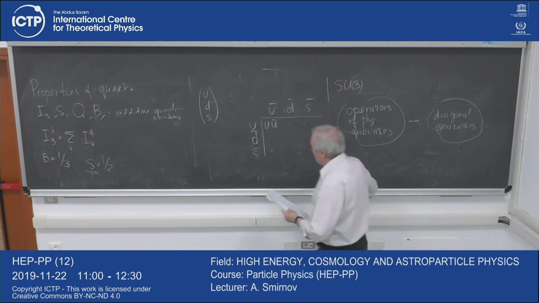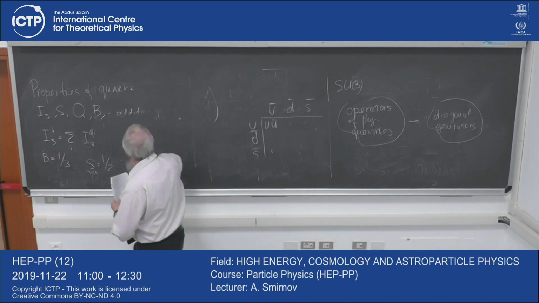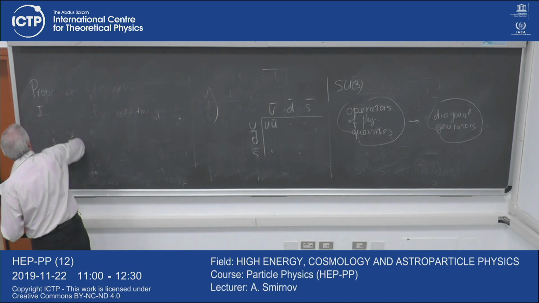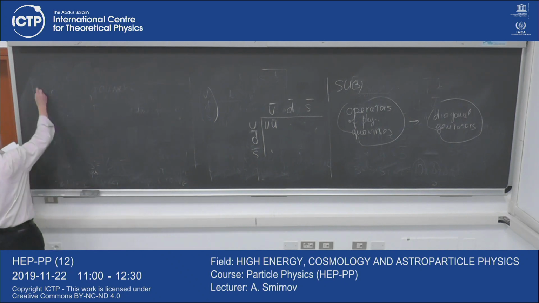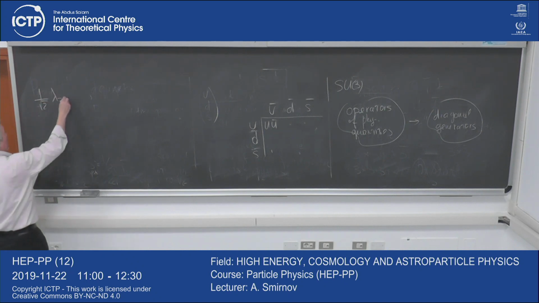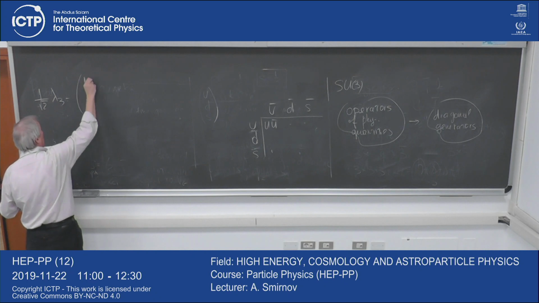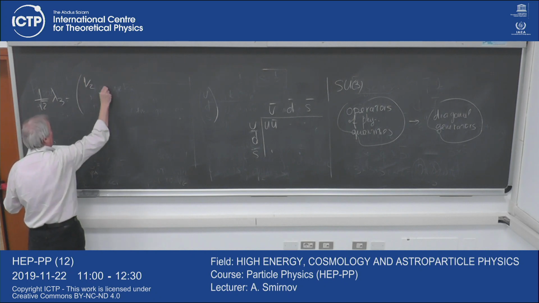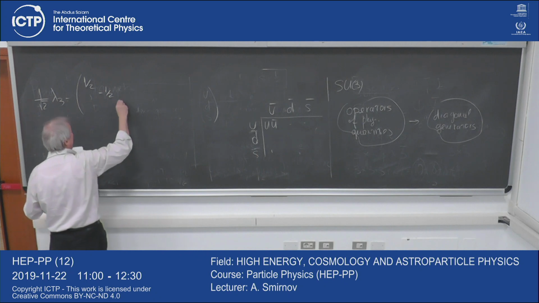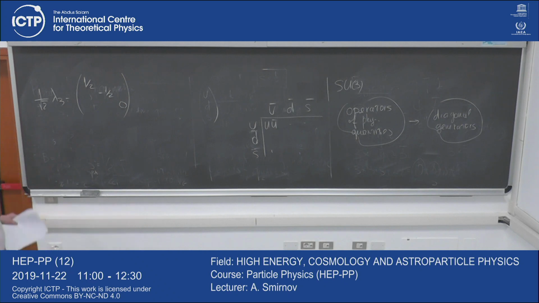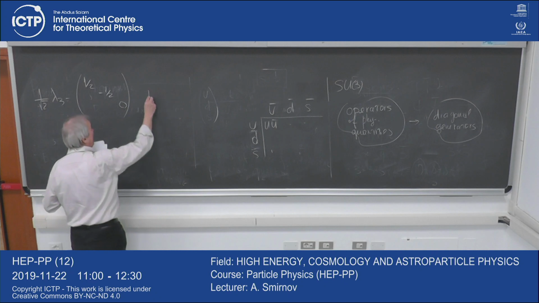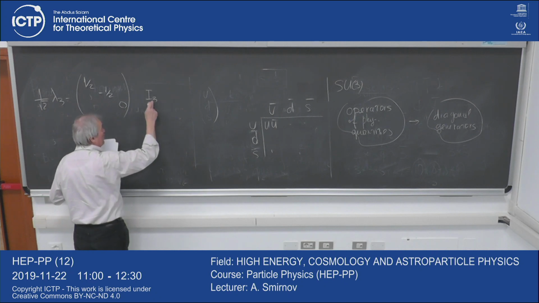So one of the diagonal generators of the group is 1/2 lambda 3, and it has the form 1/2, minus 1/2, and 0. It's clear that this can be identified with I3, the third projection of isospin.